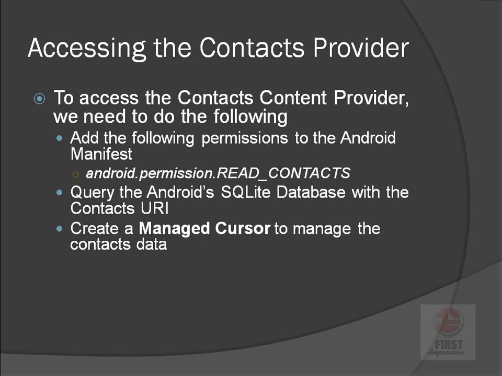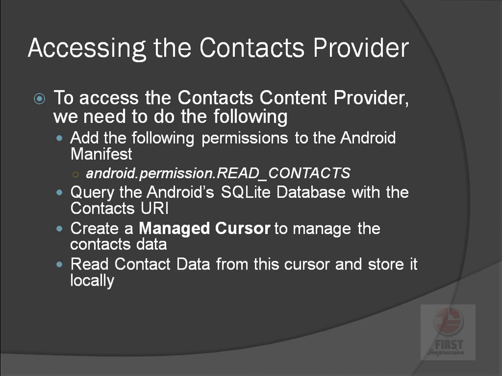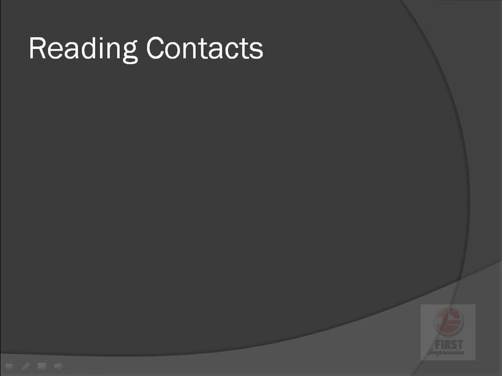The contacts data is in the form of a content provider, so content providers give you something called a managed cursor. That managed cursor is similar to a cursor, but the class name has been changed to ManagedCursor. Then you can read contact data from this cursor and store it locally and use this local data inside our applications. So far so good.